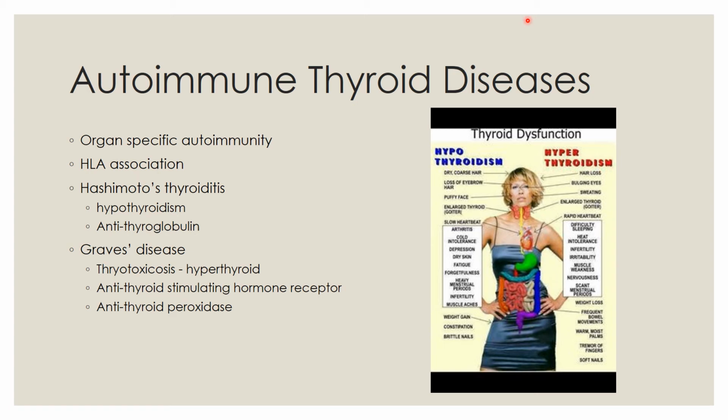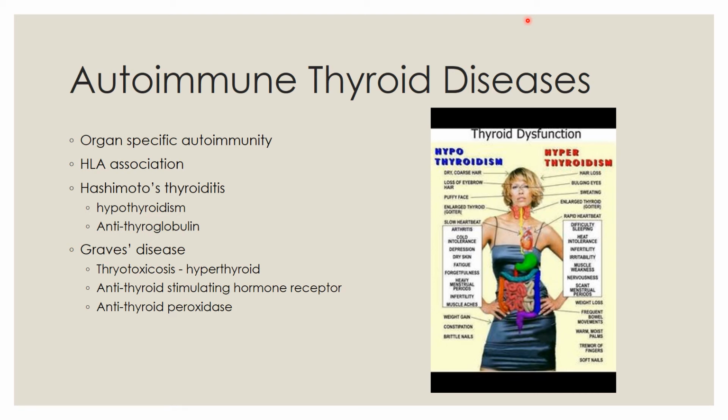So for example, Graves' disease has a very strong association to HLA-DR3, and in Graves' and Hashimoto's, the HLA-DR antigens expressed on the surface of the thyroid epithelial cells get increased, and so they think that they increase the immune response against them. So you have two basic autoimmune thyroid diseases, Hashimoto's and Graves' disease.